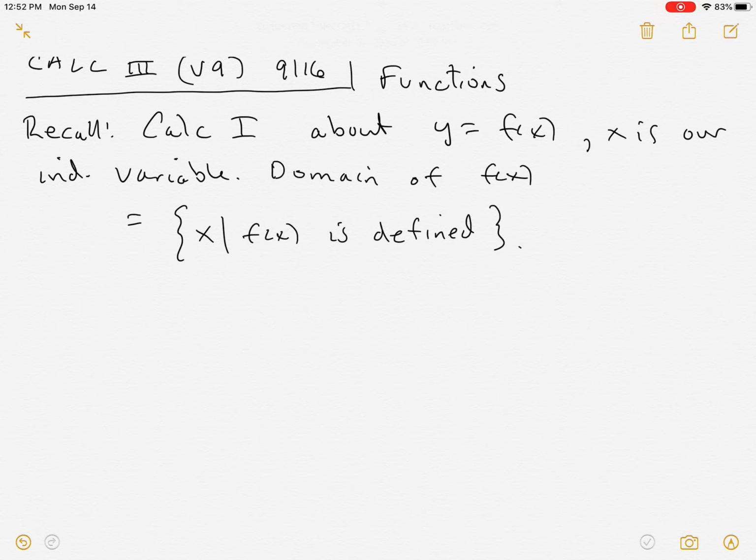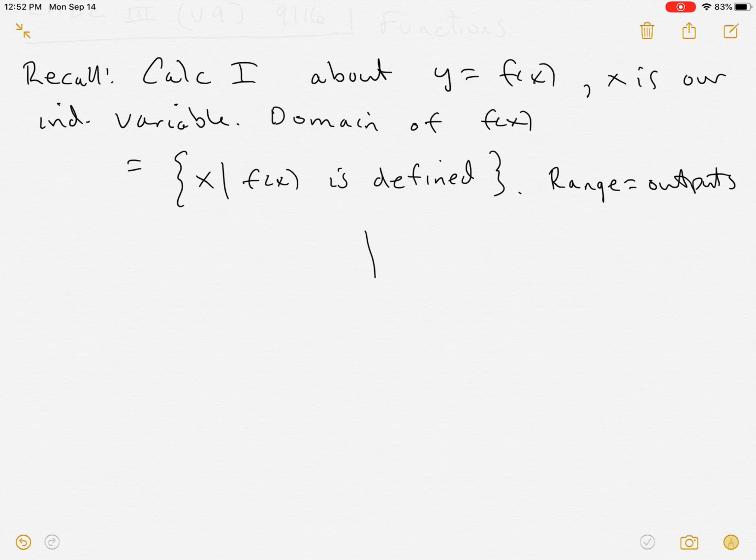And the range are just outputs. So the range is the outputs. All the y's we get, or all the f of x's we get, and then we graph them. We graph them as y's on the y-axis. So here we go. Right, here's the x-axis. Here's the y-axis, and all the domain points lie on the real number line, really.